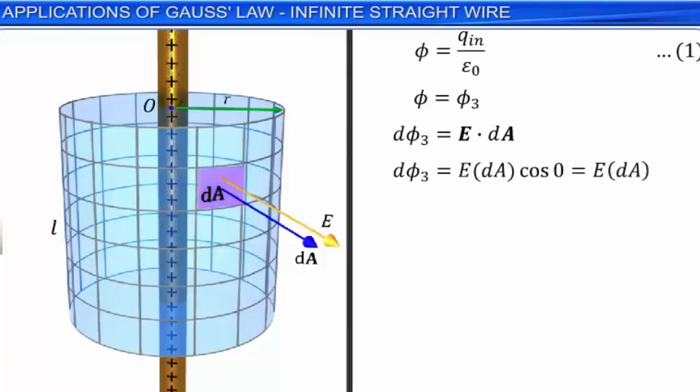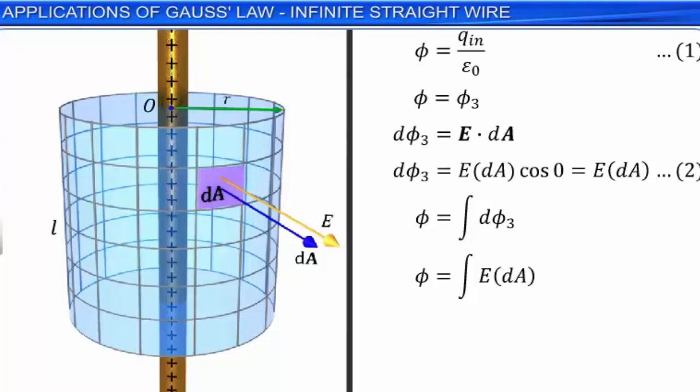To find the total electric flux phi through the Gaussian surface 3, we now integrate d phi 3. Therefore, phi is equal to integral d phi 3, and this is equal to integral E dA. Since all points on the Gaussian surface 3 are equidistant from the charged wire, the magnitude of electric field strength E for any point on the Gaussian surface is a constant. Therefore, we can write phi is equal to E into integral dA.